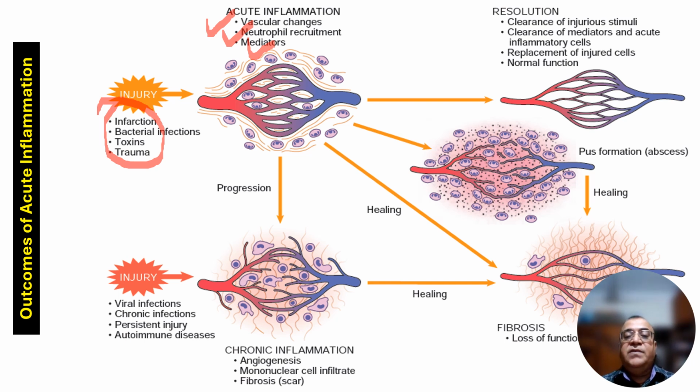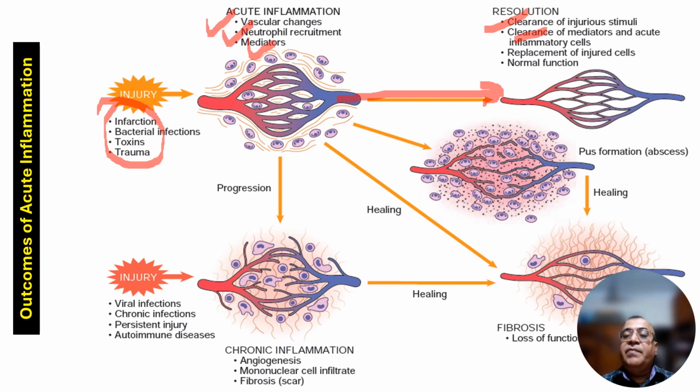This acute inflammation that has developed now can have three major outcomes. One is complete resolution. The inflammatory process will be cleared. The injurious stimulus will be cleared, along with clearance of the mediators and the cells that have invaded this area.